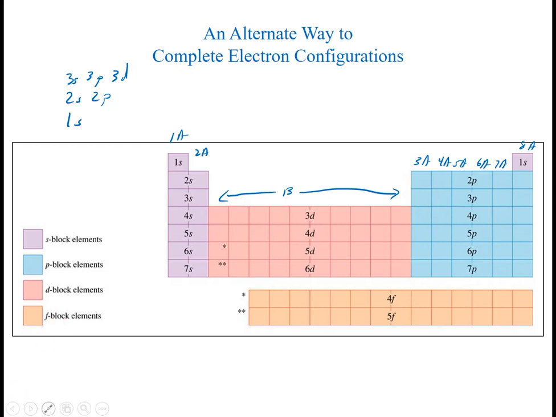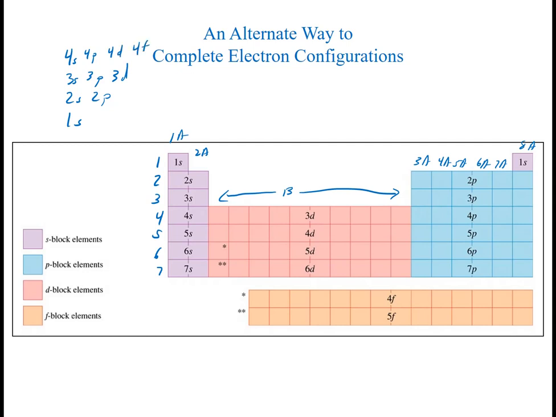Now, the one problem that students tend to have: if I number down the rows, this is 1 through 7. So when I'm on row 3, it's 3s and 3p. However, when I go to row 4, it's 4s, and then we go back up here to 4s, 4p, 4d, 4f.